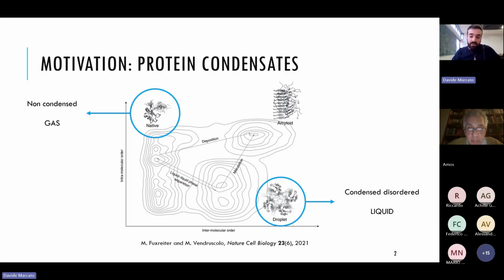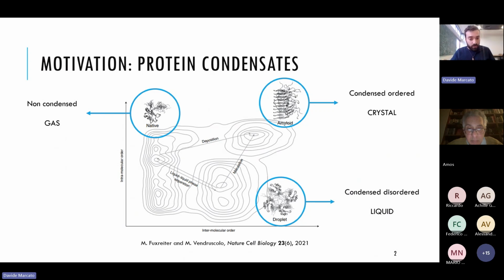Then there is another condensed phase, the amyloid phase, which is instead characterized by structural order. You can see from this picture that all the proteins are aligned, and because of this order, it resembles a sort of crystal. So in this paper, they explain this phase behavior, but on a very qualitative level.